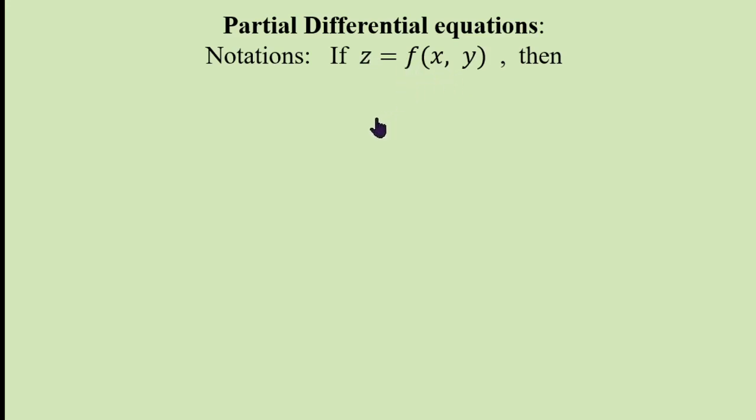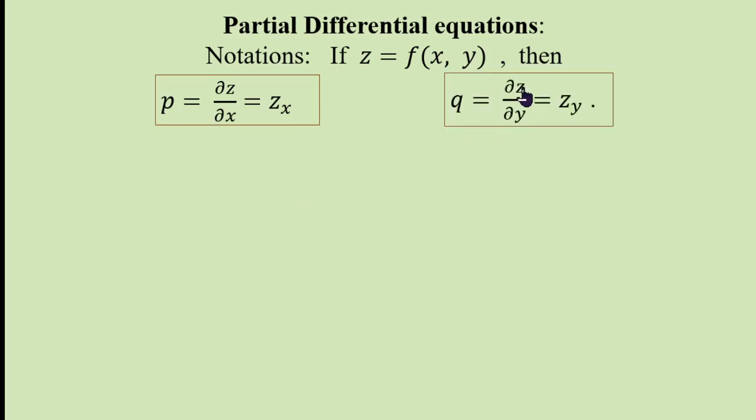Now standard notations used for the first order derivatives of z with respect to x and y. So P, that is ∂z/∂x, or in short form you can write it as zx. So ∂z/∂x is considered as P. If it is a function of x and y, then only use these notations. Q is ∂z/∂y, that is partial derivative of z with respect to y.